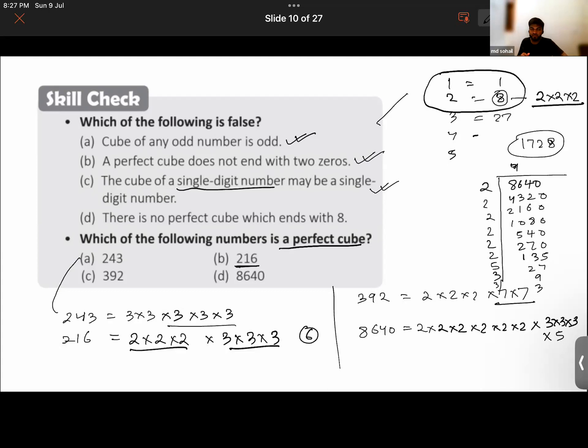Okay, so 5 is not in a group of 3, it's not in a triplet. That is why this one is also not a perfect cube. So the only number is which one? 216, right?